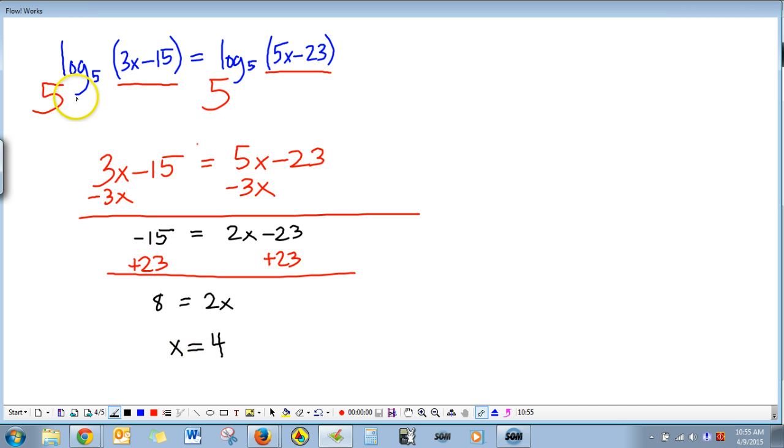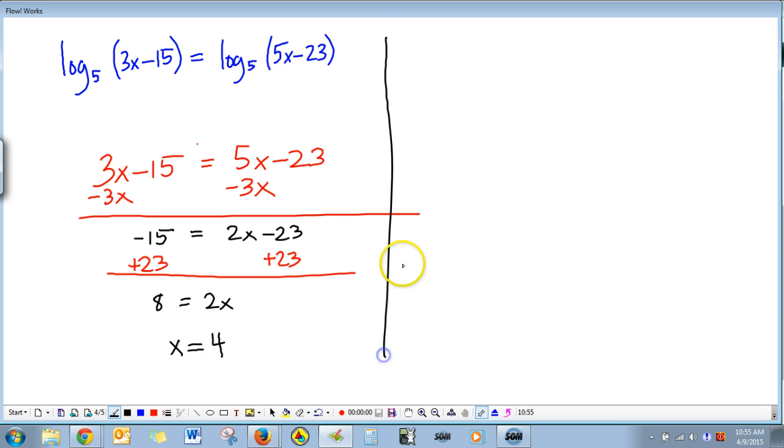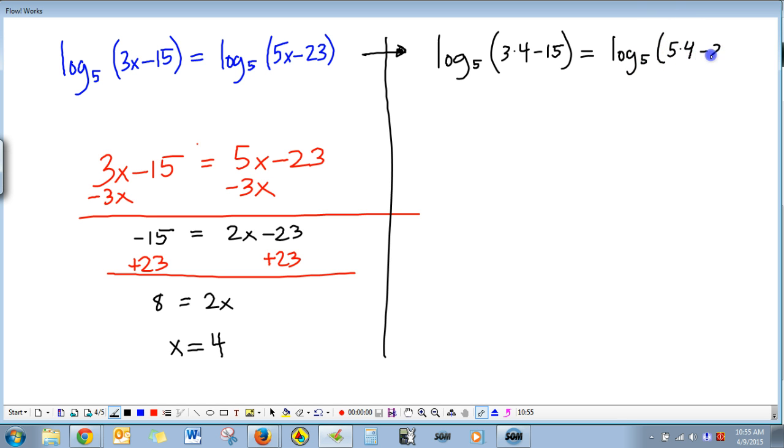But something about logs is we have to be careful. Remember, the original equation was a log equation. And we have to make sure that this solution is valid. So what we're going to do is we're going to plug it in. The base 5 log of 3 times 4 minus 15 equals the base 5 log of 5 times 4 minus 23.